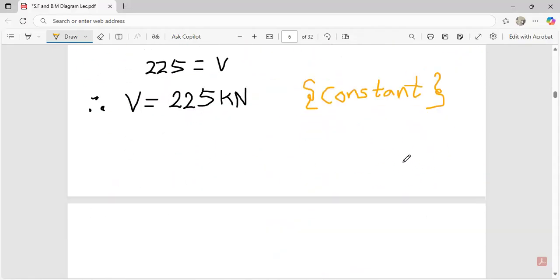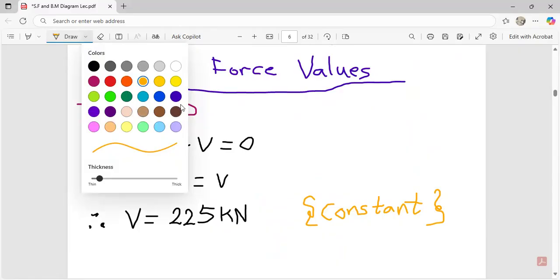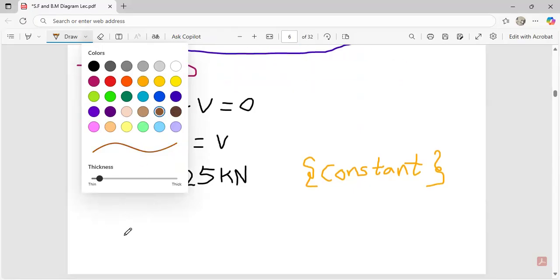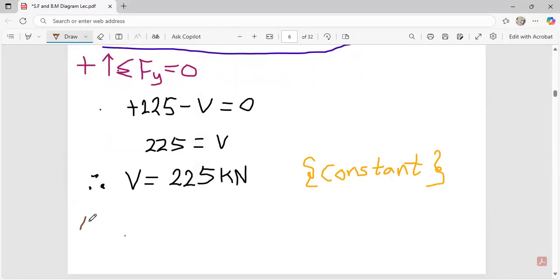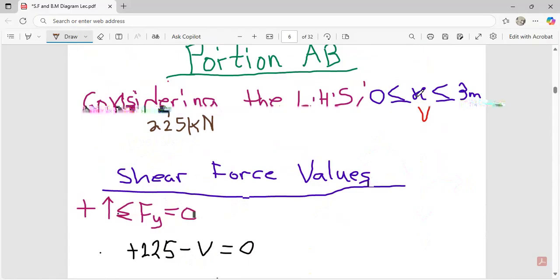So at x is equal to what? 0. And I'm picking that from the interval. Look, from this interval, x is 0 and x is 3: x is greater or equal to 0, x is less or equal to 3.